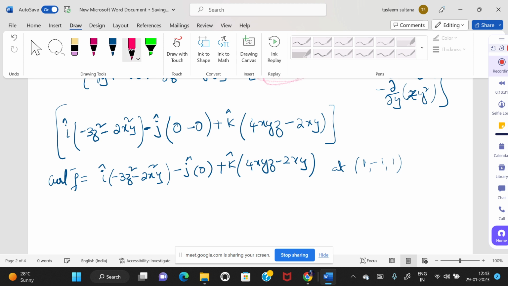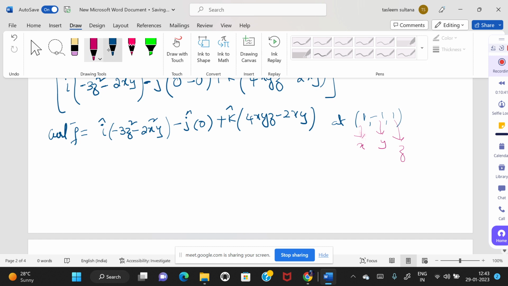Yes, ma'am. That means this is the value of your x, this is the value of your y, this is the value of your z that you have to substitute here.